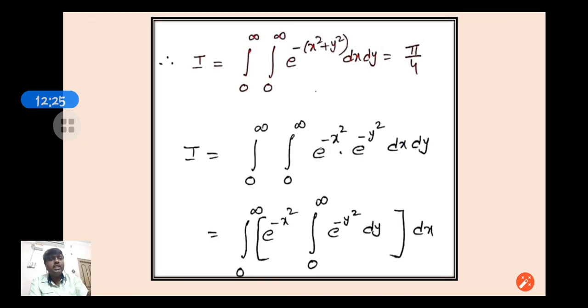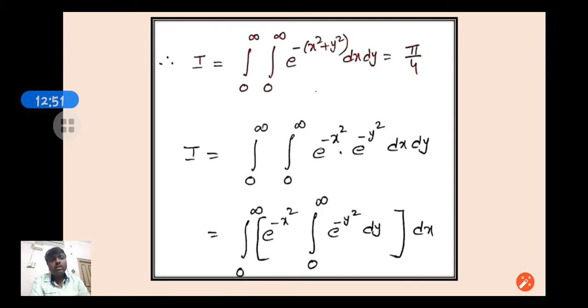Now go through the proof of that particular result. See here, integral 0 to infinity e power of minus x square plus y square dx dy is equal to pi by 4. I am considering just the LHS part here. So I equal to integral 0 to infinity, splitting the term here, e power minus x square into e power minus y square dx dy.